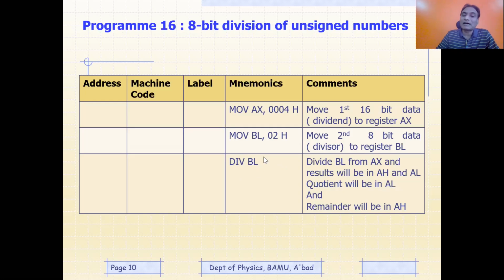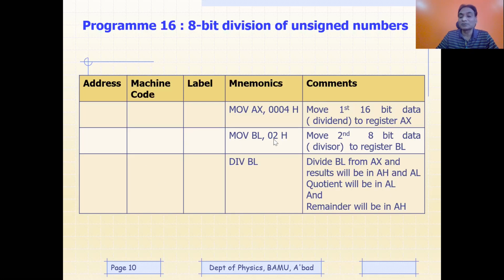Now, whenever I am using 8-bit division, the content of my dividend is going to be in register AX. So I'm going to use the instruction MOV AX, 0004, right? This is my dividend. This goes to the 16-bit register AX, because by default I'm going to have my dividend in AX. Now as far as the divisor is concerned, I can use any 8-bit register.